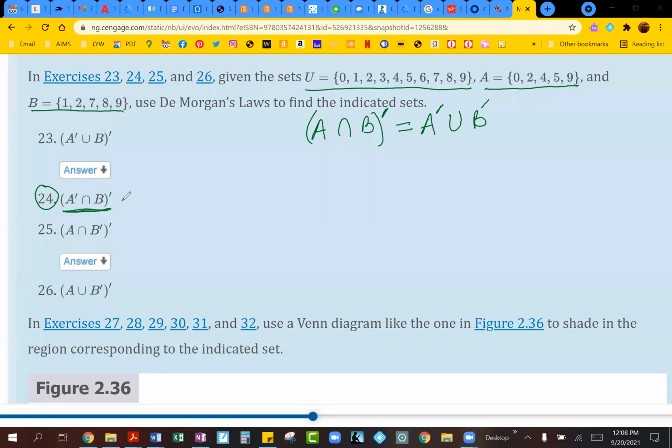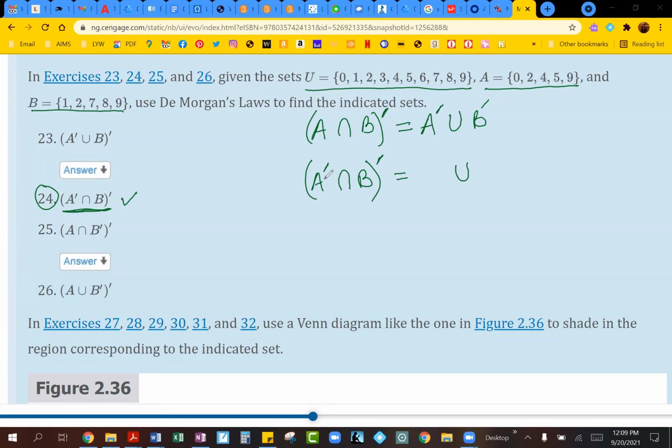Now let's translate that into our example. Our example is A complement intersected with B, and then a complement on the whole thing. If you use this translation, we know intersection has to change into union.